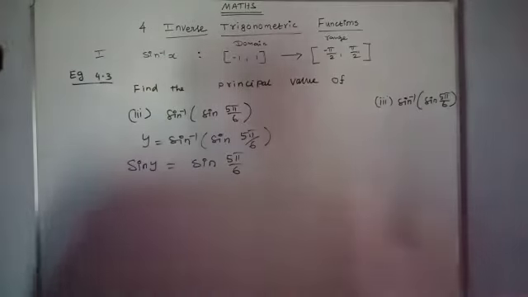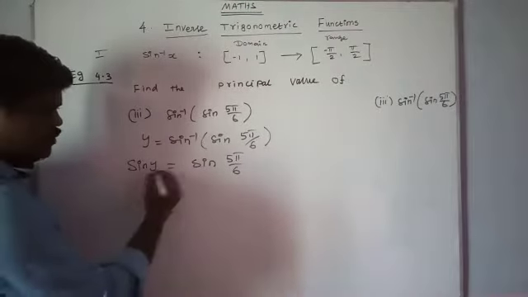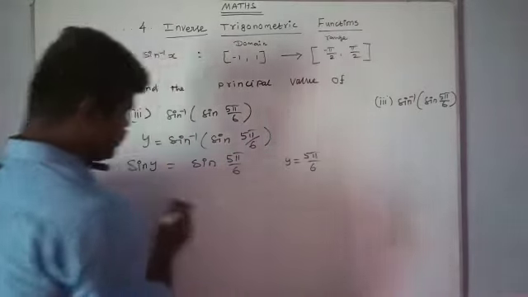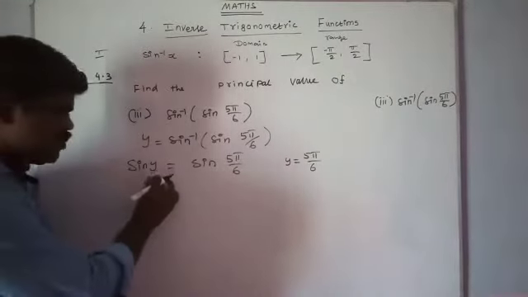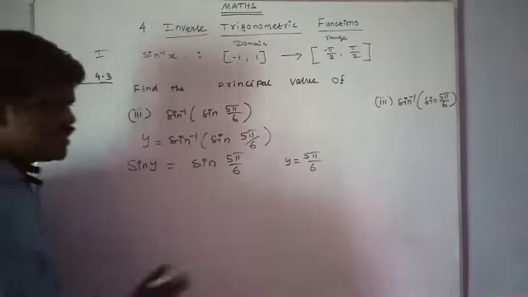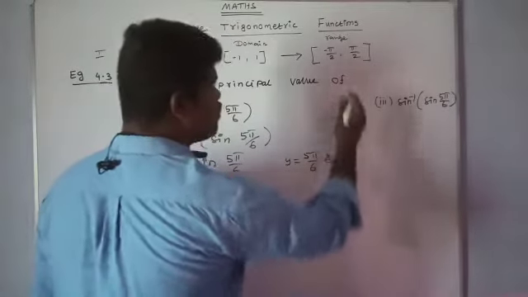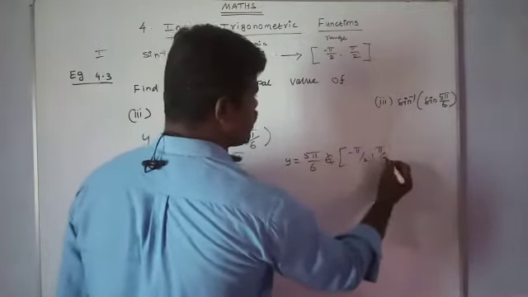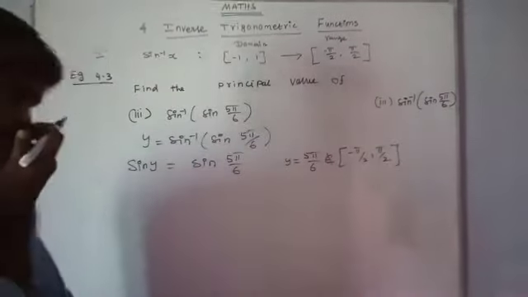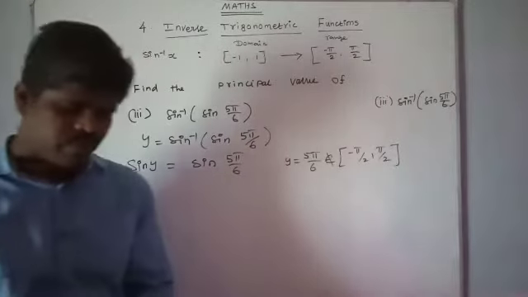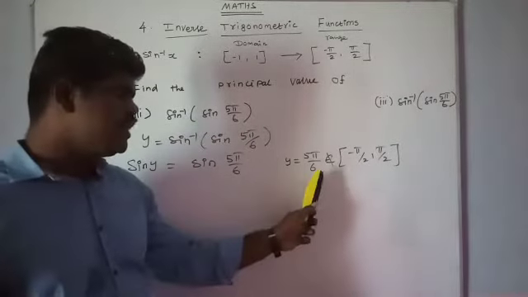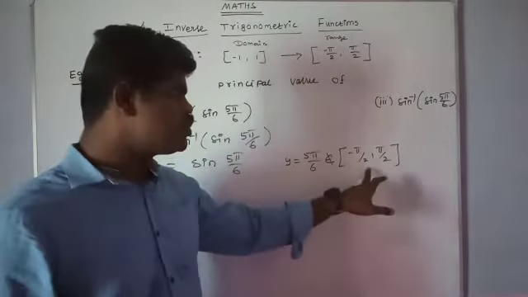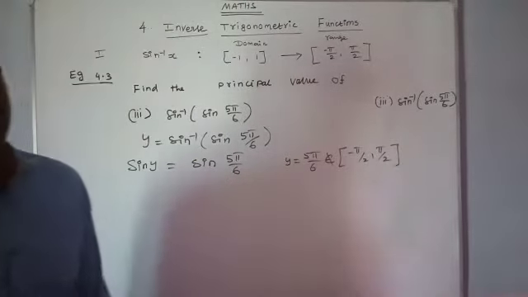Okay. Suppose equating, y is equal to 5 pi by 6, but 5 pi by 6 does not belong to minus pi by 2 to plus pi by 2, because pi by 6 is 30 degree and 5 pi by 6 is 150 degree. 150 degree does not belong to minus 90 to plus 90.